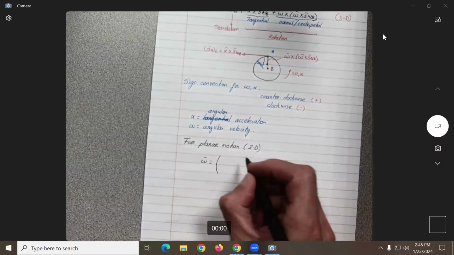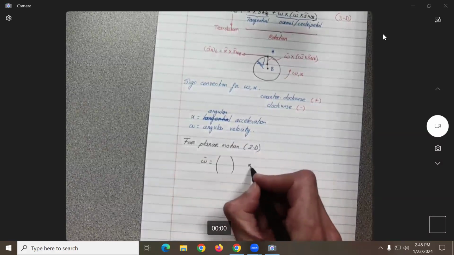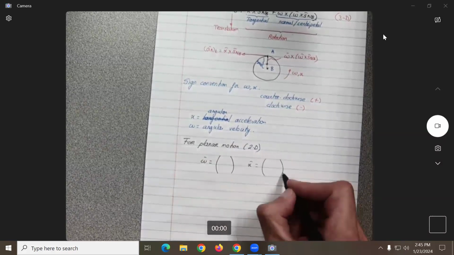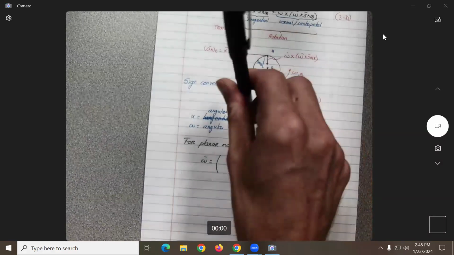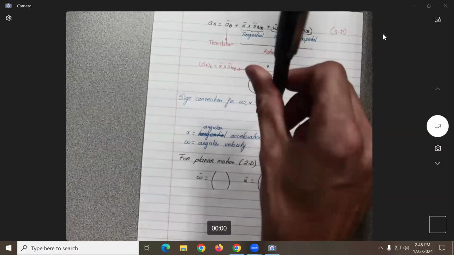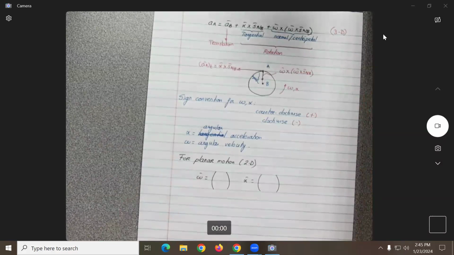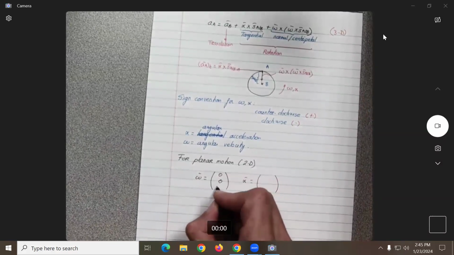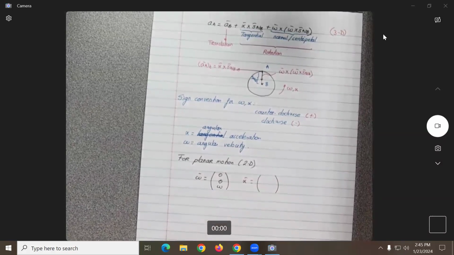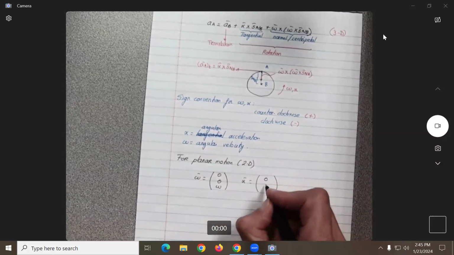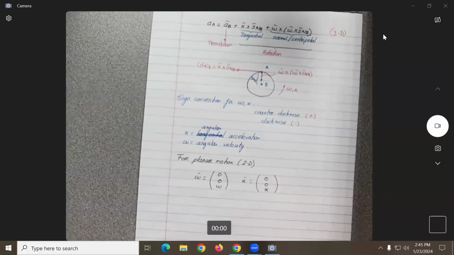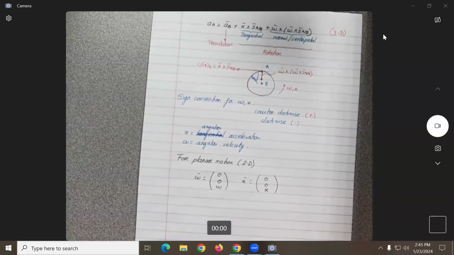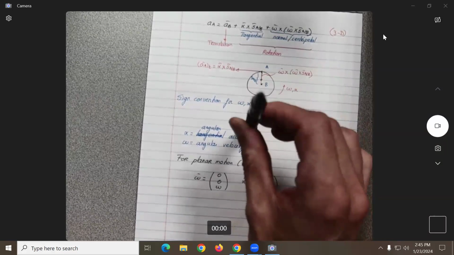Omega is only going to be about which axis? About this page. If this circle is rotating, it would be rotating about which axis? About the Z. So omega will be 0, 0, omega, we only have a component on the K. And here will be 0, 0, alpha, just on the K, correct? Just rotating about this axis.